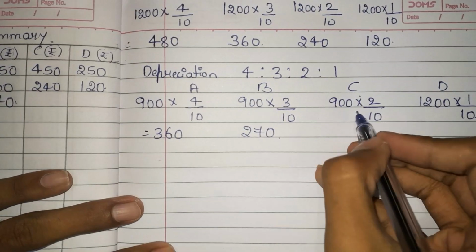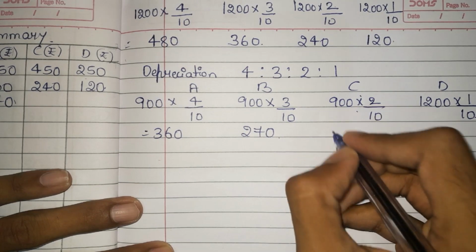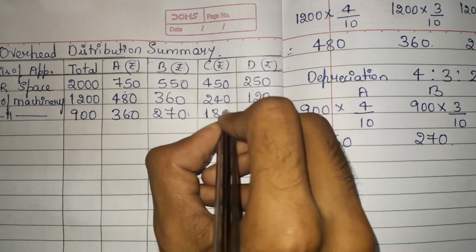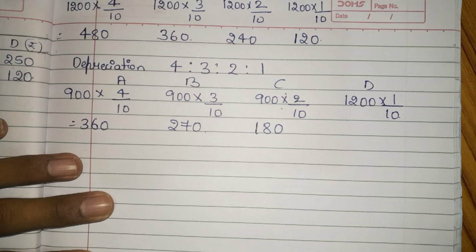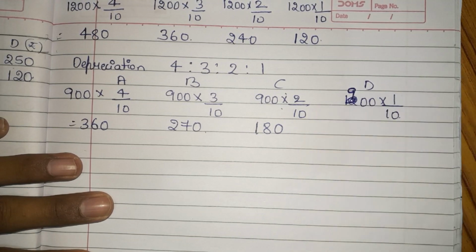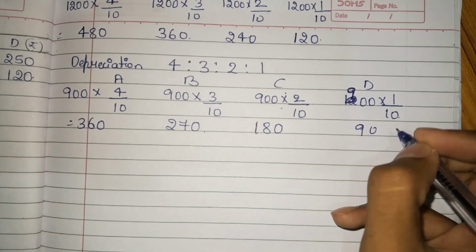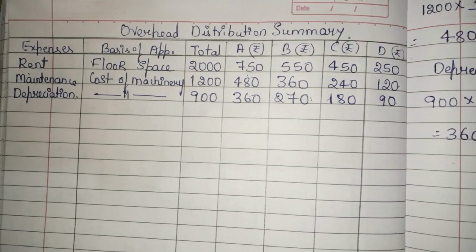Next, for C department, it will be 900 into 2 divided by 10. It will be 180 rupees. The same 180 rupees we will write it here. Next, the D department will be 900 into 1 divided by 10. It will be 90 rupees. So here you will write 90 rupees.